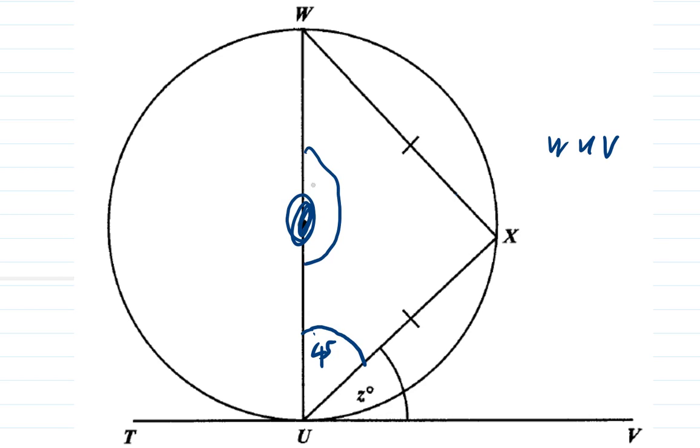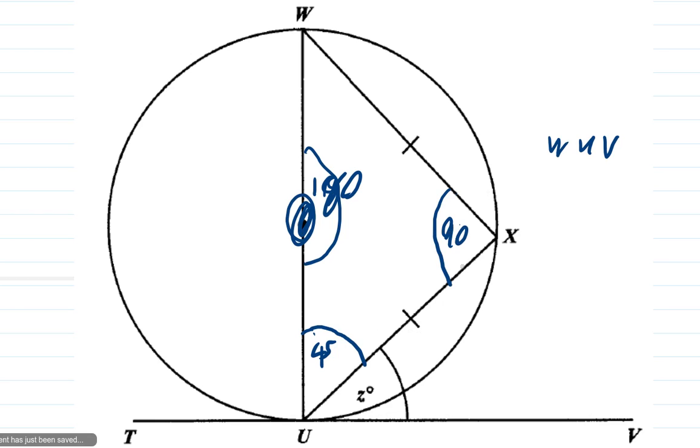Now this angle would have to be 180. So 180 is twice 90, so this must be 90. Angle WXU must be 90.